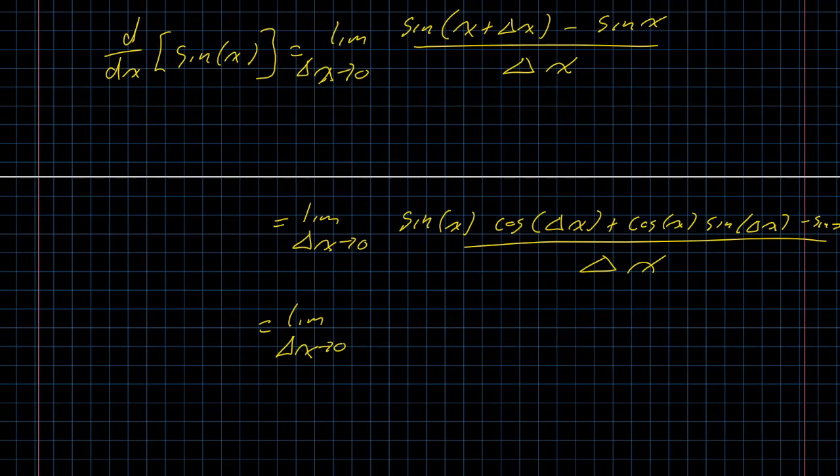All right, so notice that I have a couple of things here that have sine of x in them. Specifically, I have sine of x times cosine of delta x, and I have sine of x by itself, so just 1.